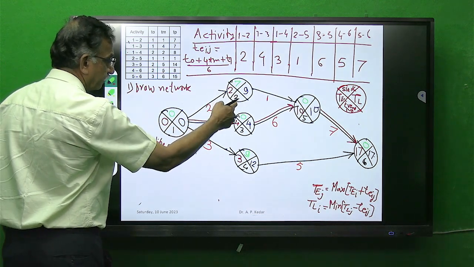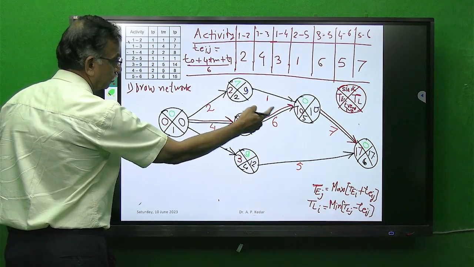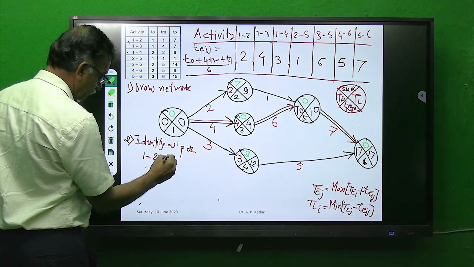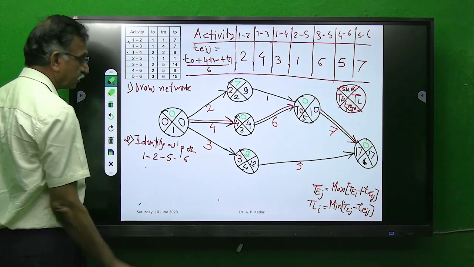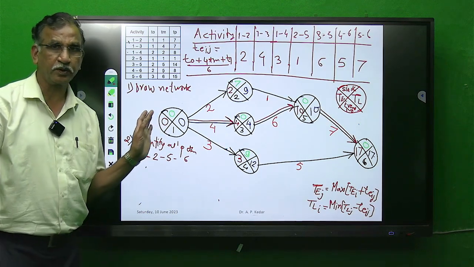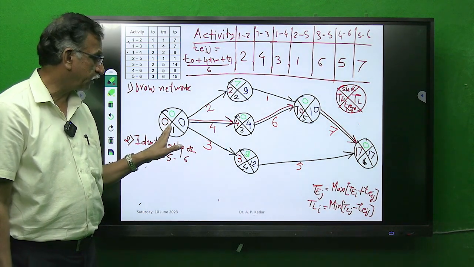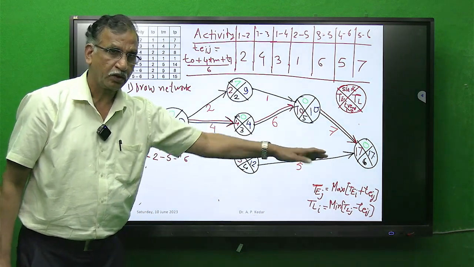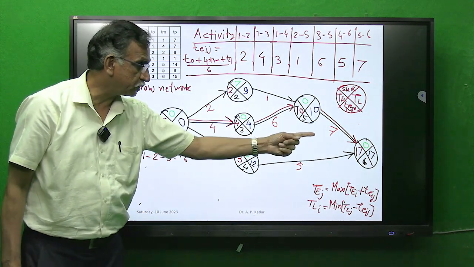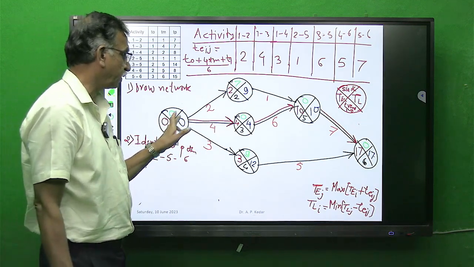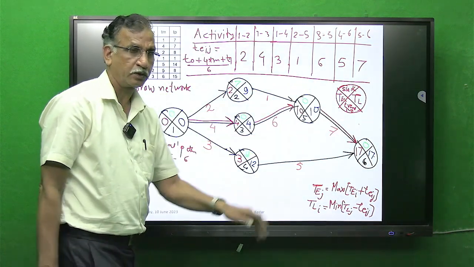So what do you mean by all paths? First path is 1, 2, 5, 6. Meaning of all path is to reach from starting to end. Our starting is 1, end is 6. So to reach from 1 to 6, I am having 1, 2, 5, 6.